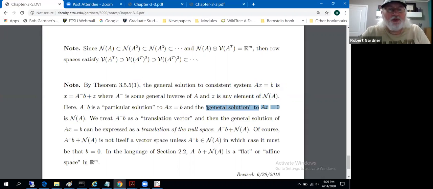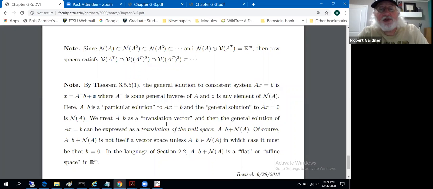I don't know if you did this in algebra. You wrote general solutions as a particular solution plus a general solution to an associated homogeneous system of equations. Almost every one of those words will translate over to differential equations, and you'll find a general solution to a non-homogeneous differential equation by finding a particular solution and adding to it the general solution of the associated homogeneous differential equation.